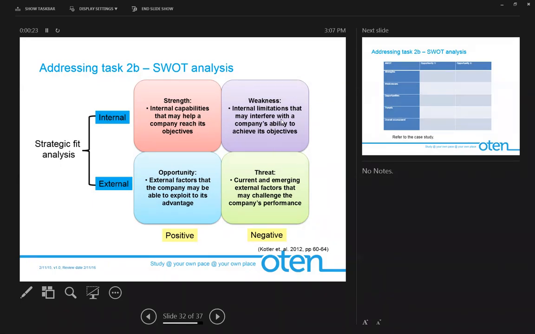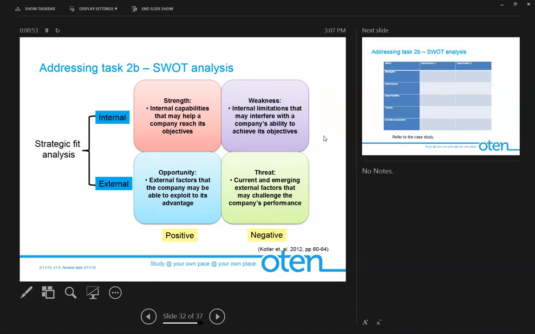So strengths and weaknesses in here are not about pros and cons of the product IDs or the service IDs or the market IDs. We are not going to say this product ID is great because the market size is larger than the other one. We are not going to analyze pros and cons of the product ID. We are going to analyze the organization's assets, capabilities, and resources.